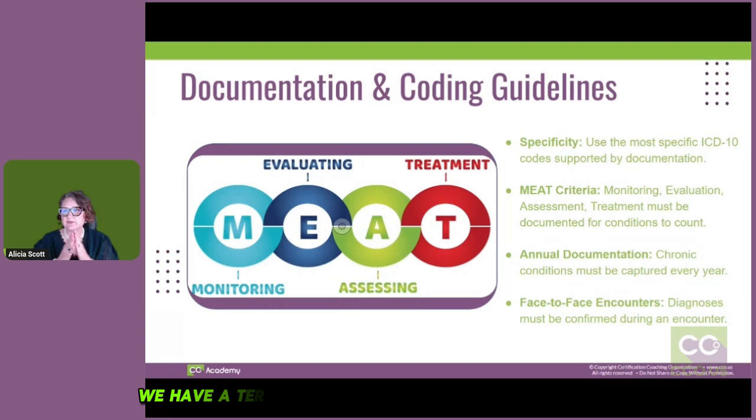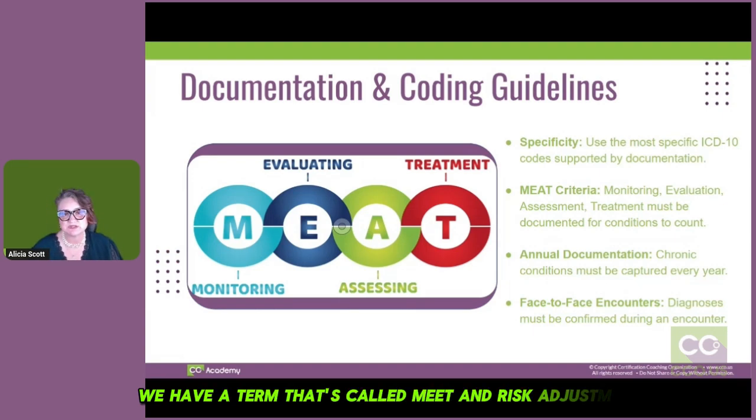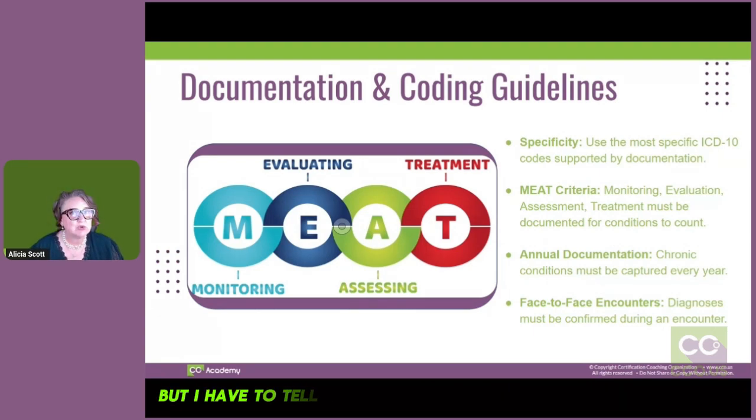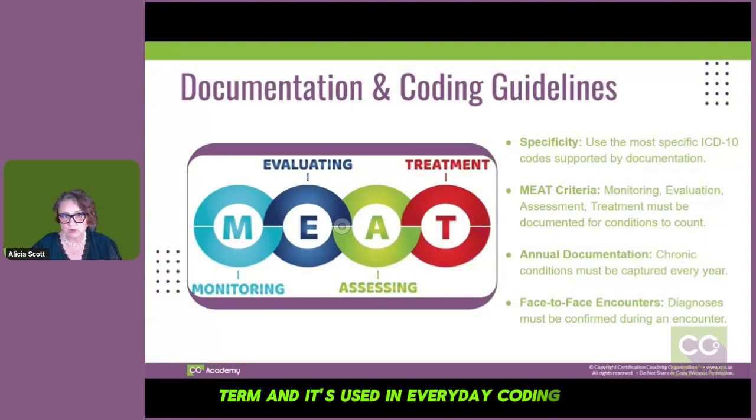Now, we have a term that's called MEAT in risk adjustment, but I have to tell you that it is now a mainstream term, and it's used in everyday coding.